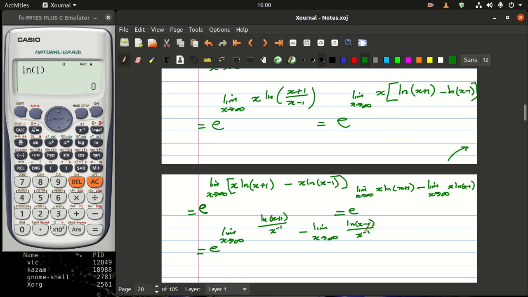How is that going to actually help us in this particular case?